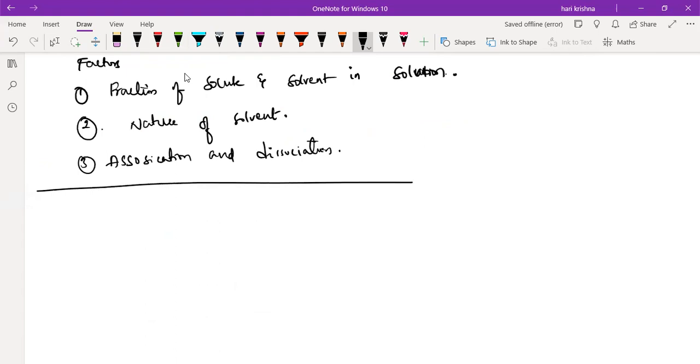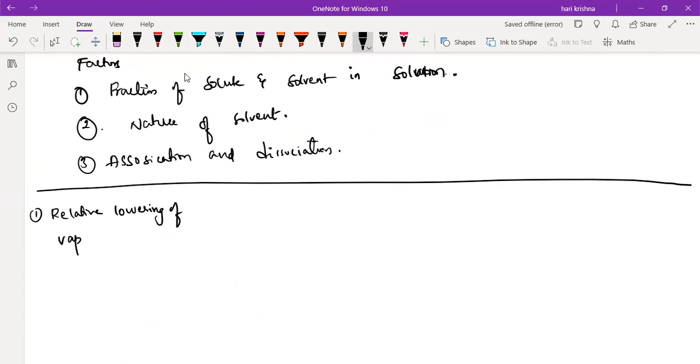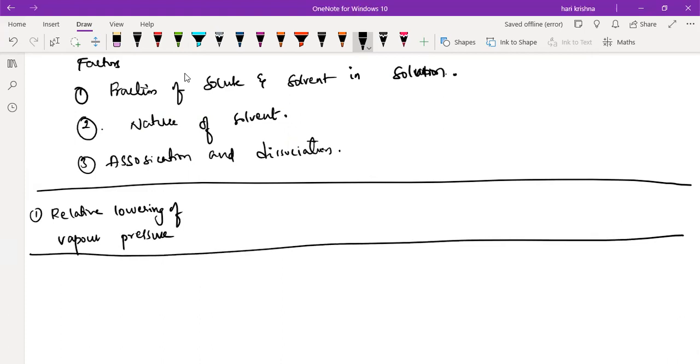So in total we have 4 different colligative properties. The first one is RLVP, relative lowering of vapor pressure. It has the general formula P naught minus P by P naught equal to mole fraction of solute.